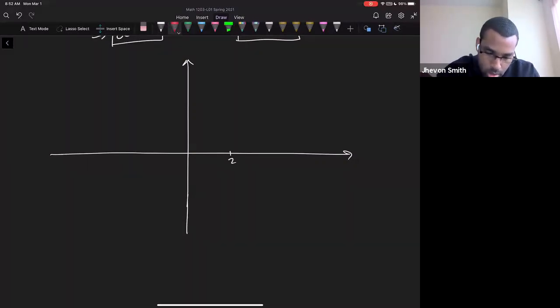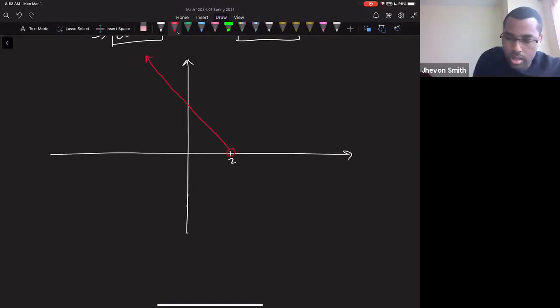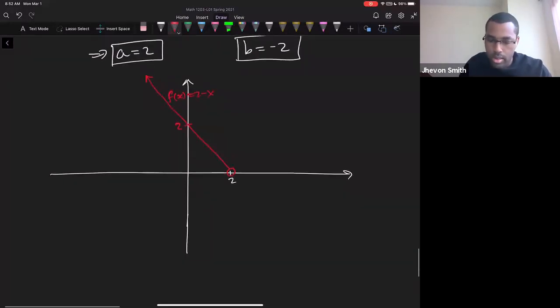One part is going to be this going down here. This is the f of x equals 2 minus x part. That's going to go through 2 and 2. And then there is the other part, which is actually going to be going up.